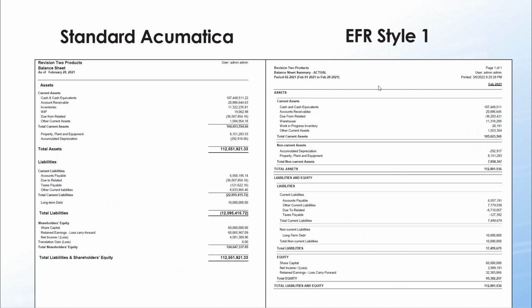And here's a comparison of the standard Acumatica balance sheet report that ships with the product. And we can see that the margins and the header are not quite right, which it's not that difficult to update, but to rebuild this structure here and to make this for a custom set of account classes, which varies by customer, is really hard to do.